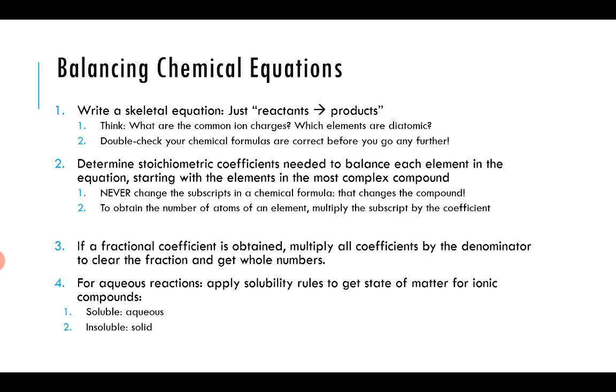And so you might need to multiply by a coefficient in order to clear fractions and end up with whole numbers of things. And then once you have your equation balanced, then you can go back through and apply your solubility rules in order to determine if things are solid, aqueous, or whatever.